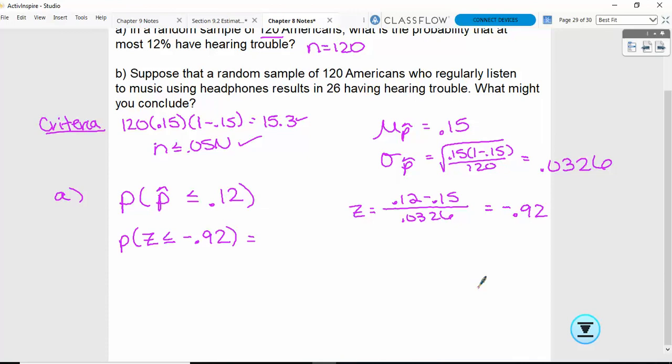We're finding less than, that's what our table gives us, so we just look up negative 0.92 on the table. And we get 0.1788.